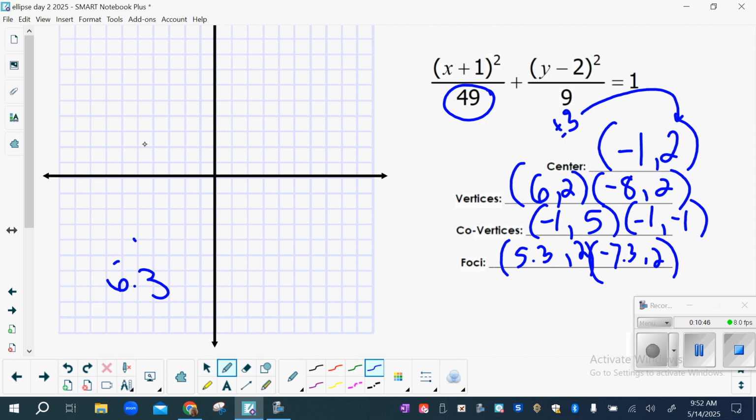So I'm going to go out this way and this way. 1, 2, 3, 4, 5, 6, and a tiny bit more. So that's where that point is. And if I want to go this way, 1, 2, 3, 4, 5, 6, and a tiny bit more. And if I graph it, look at that.